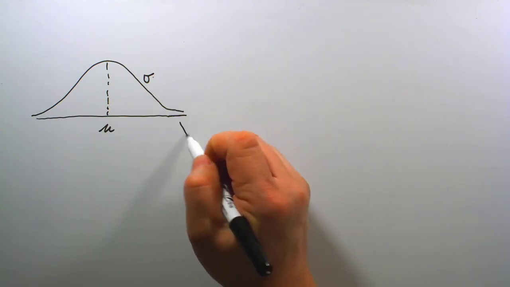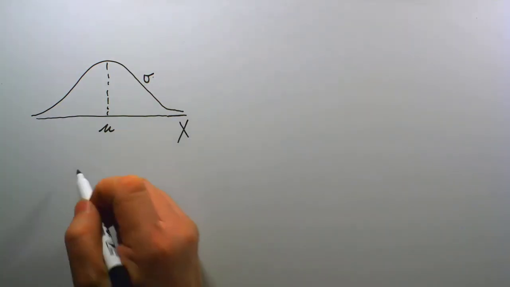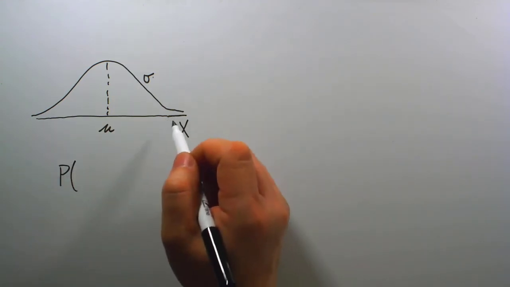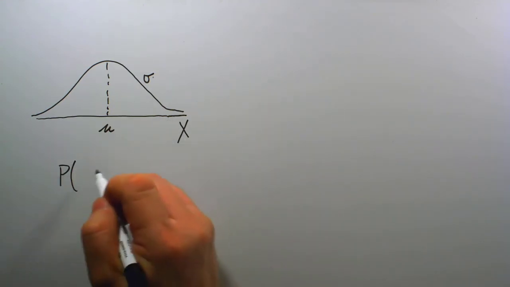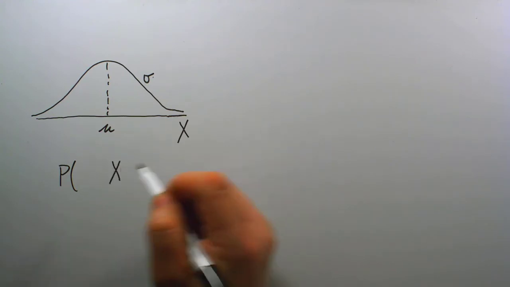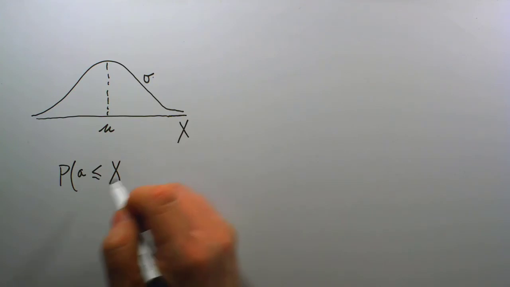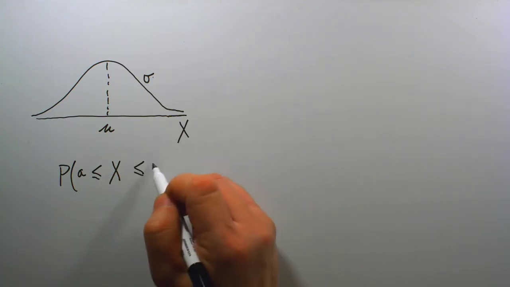And the random variable here is x. And let's say we are asked to find the probability that on this general normal distribution bell curve our random variable x takes a value anywhere between a low value a and a high value b.